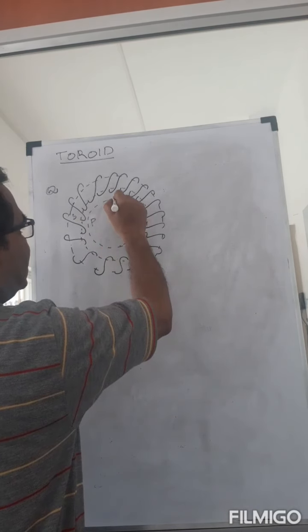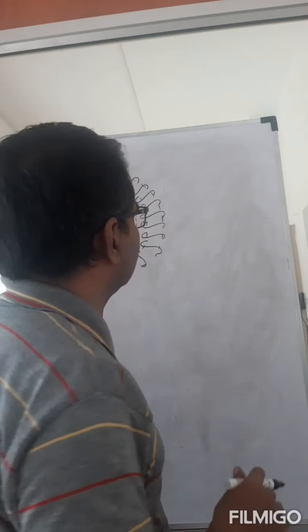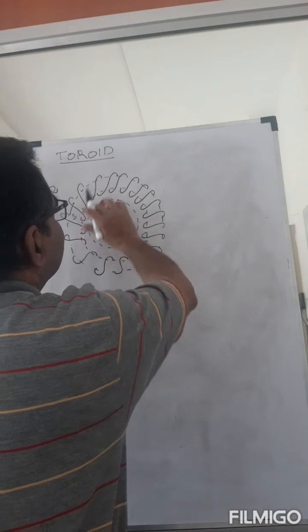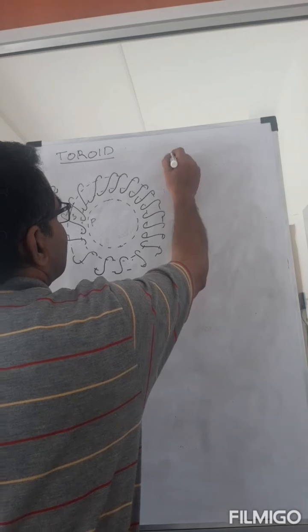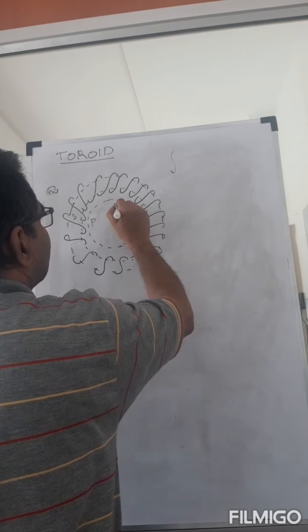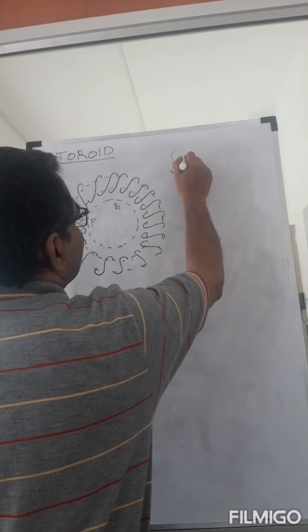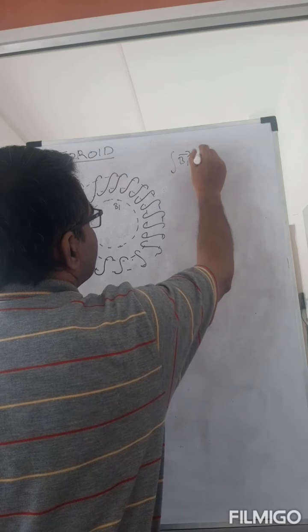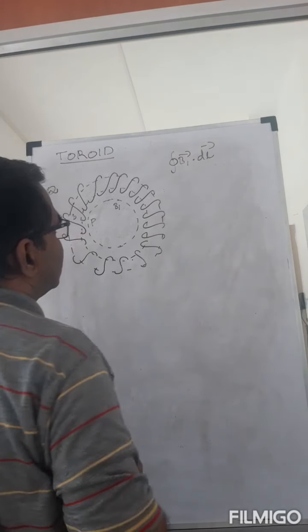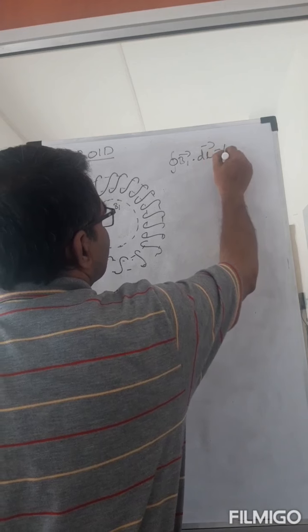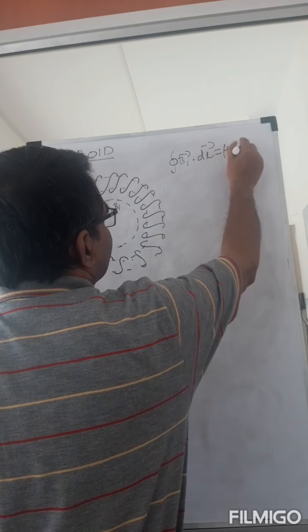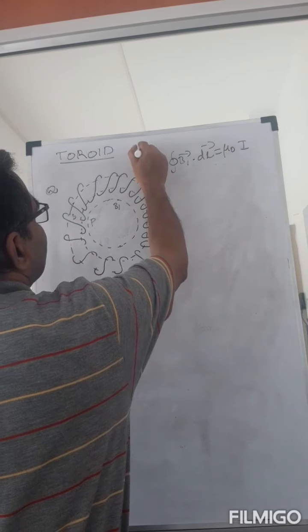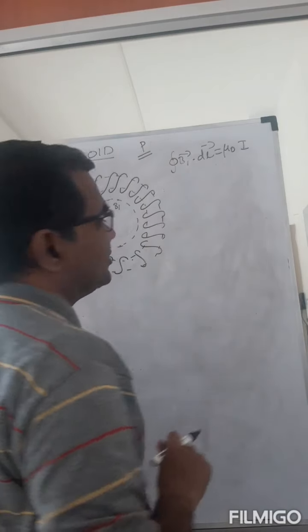So if you want to find B at this point, then let's see what's going to happen. Let's suppose that I have B1 here. Then B1 dot dl, I do a closed loop integral of that, and that must be equal to mu naught I. This is about region P.